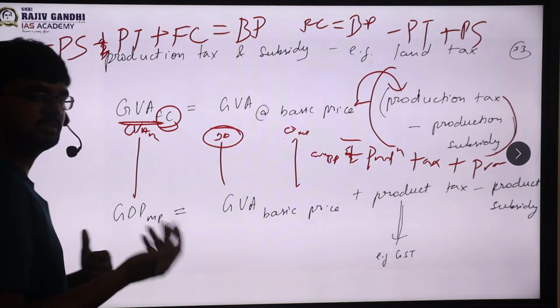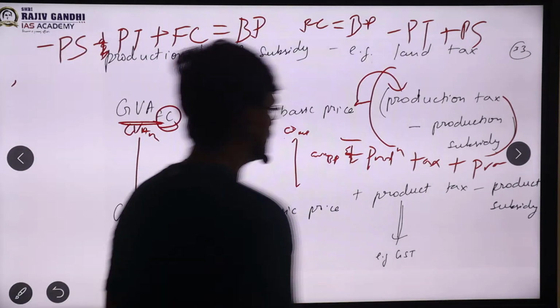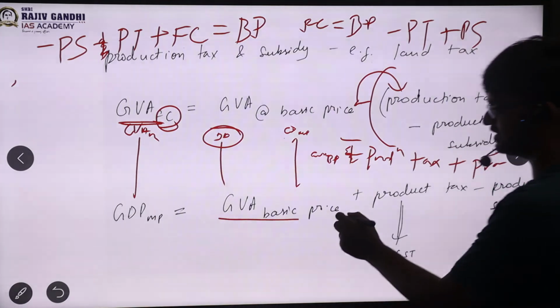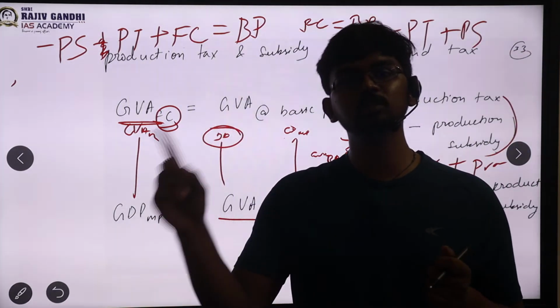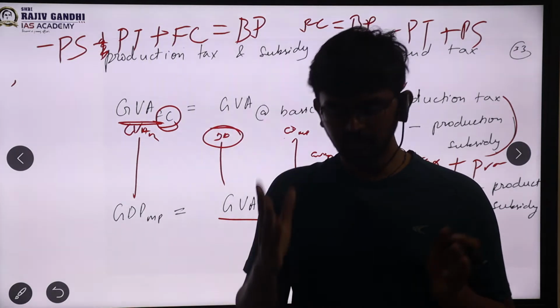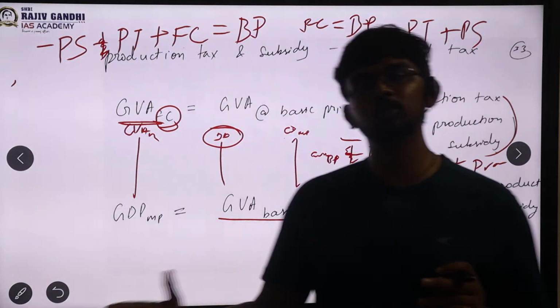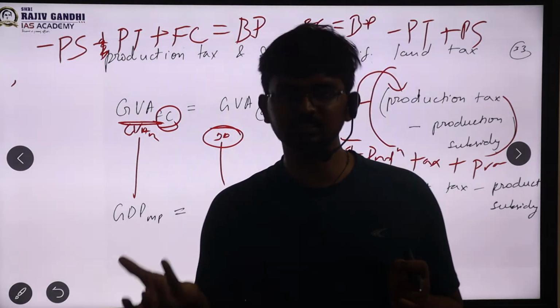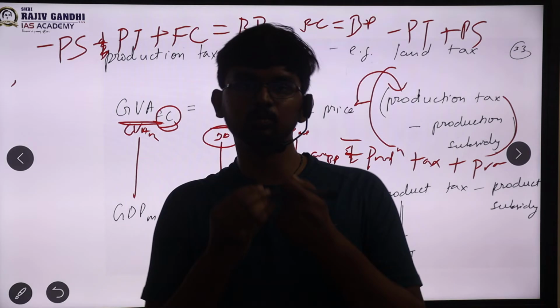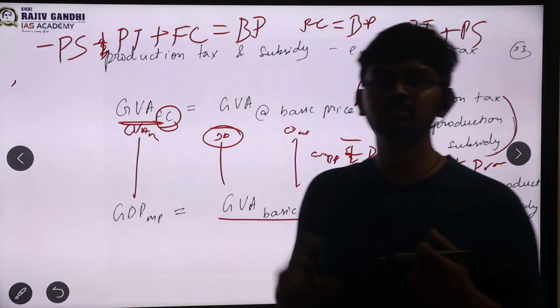Last thing is what is the GVA GDP relation. So we have already seen GVA at basic price. In GVA at basic price, what is missing? Production tax is there, but what is one thing which is not there? Product tax. That means from the gate level, if I am moving into the market, what will I do? I will be adding product tax like GST. That is one per unit I will put. Okay, that is product tax like GST.